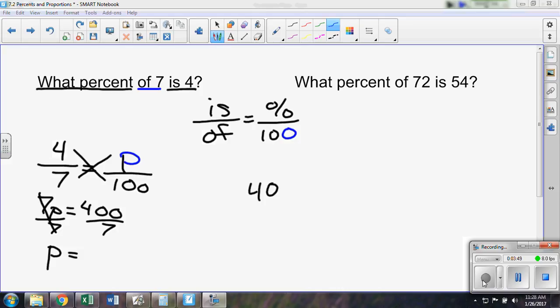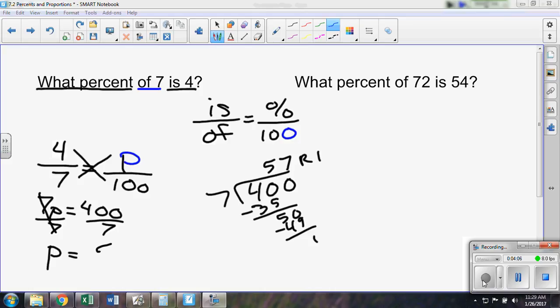Okay, setting up some long division. 400 divided by 7 goes in 5 times to give us 35. 7 will go into 57 times, leaving a remainder of 1. So we would have 57 and 1/7%.